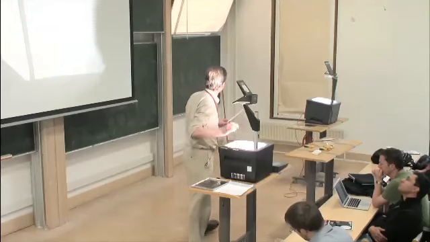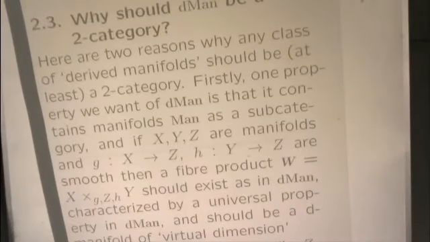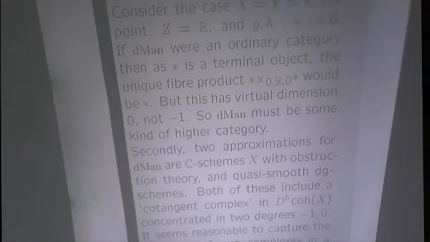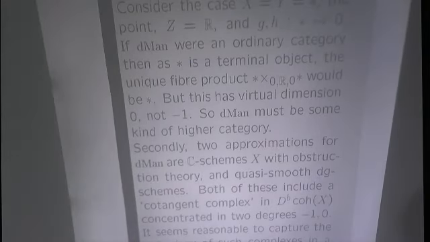Let's consider almost the simplest case we can, when X and Y are a point, which I write as star, and Z is the real numbers, and G and H take the point to 0. So I'm intersecting the point 0 with itself as submanifolds of the real line.